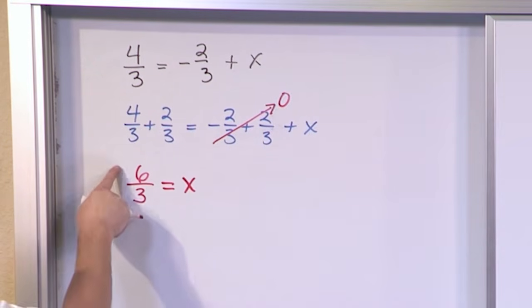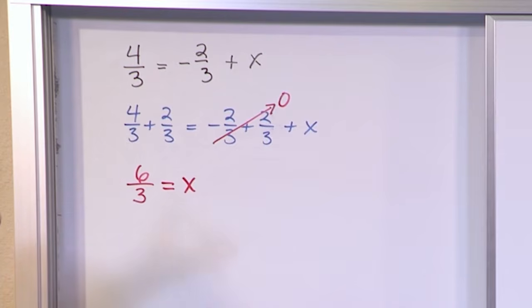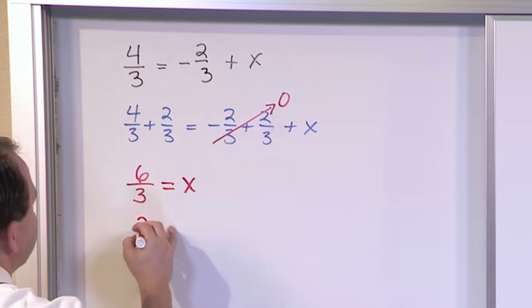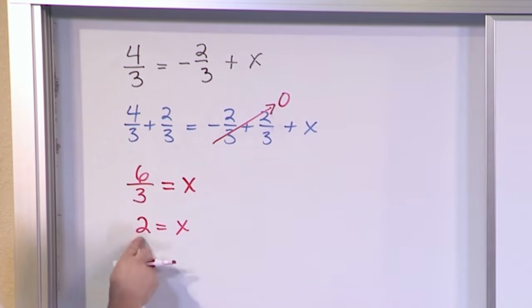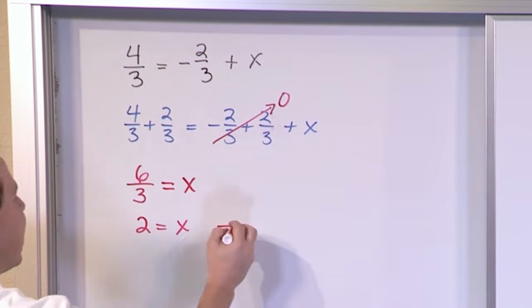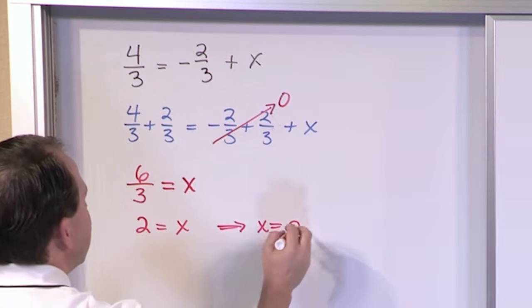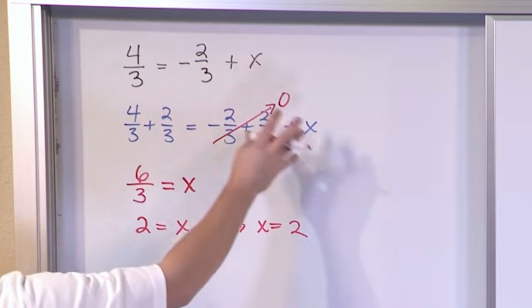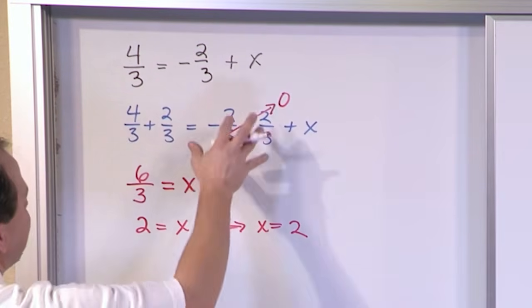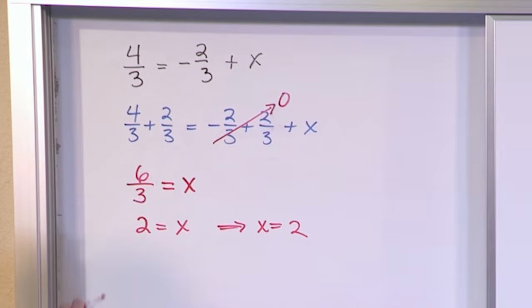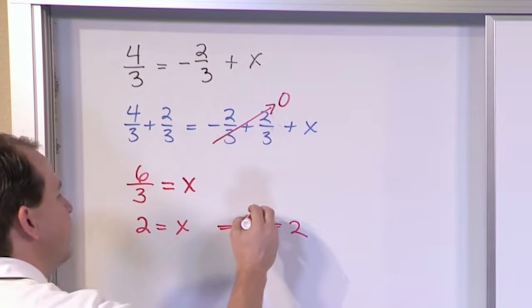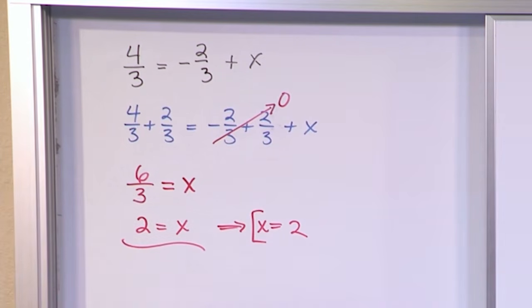Now let me ask you this, 6/3 is really 6 divided by 3, so what is that? That's 2. So 2 is equal to x. It doesn't matter that it's 2 is equal to x. It's exactly the same thing as x is equal to 2. You've learned that it doesn't matter if x is on the left or the right-hand side. You still just try to get it by itself, and then you have the answer. So x is equal to 2. That is the answer to this problem.